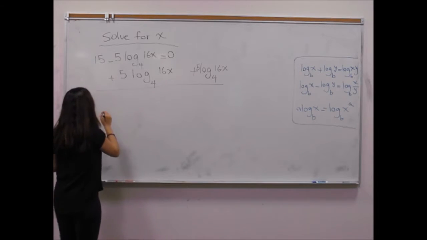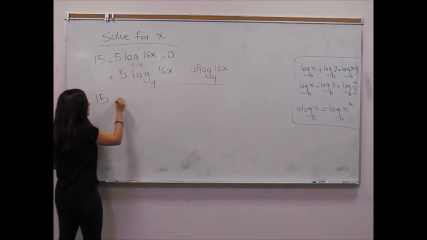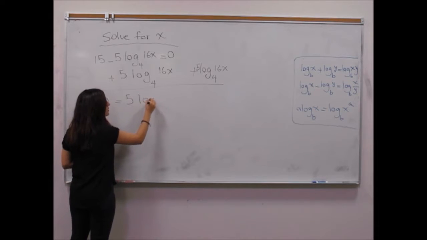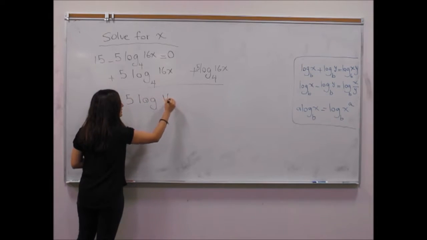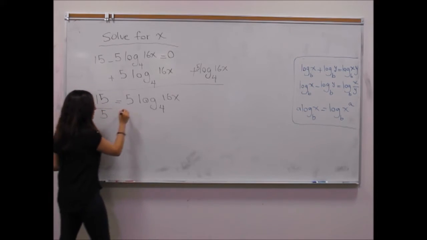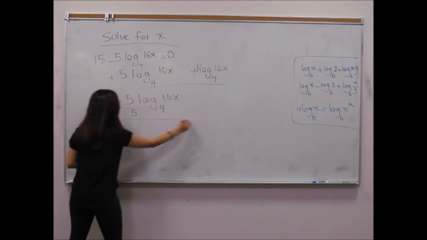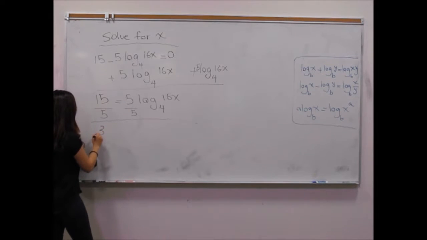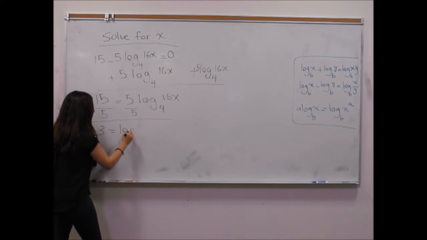What I'm going to get is 15 equal to 5 log of 16x base 4. And then I'm going to divide both sides by 5, and I would get 3, since 15 divided by 5 is 3, equal to log of 16x base 4.